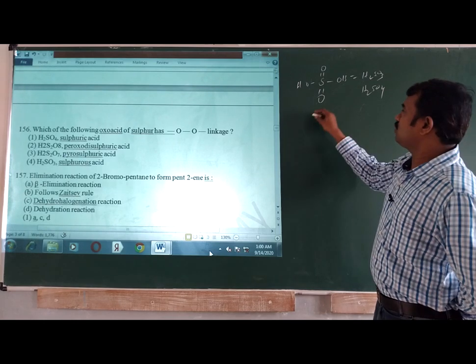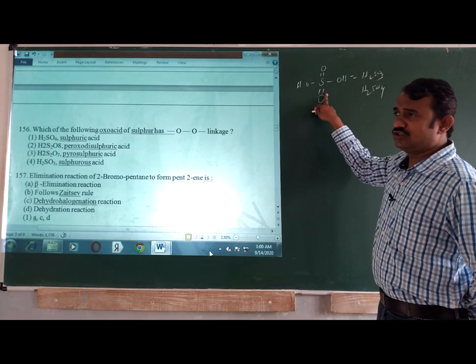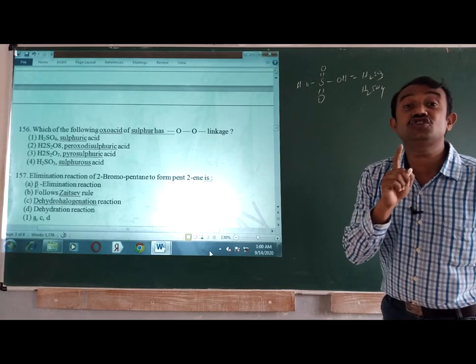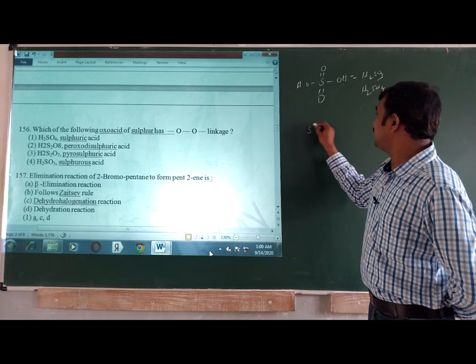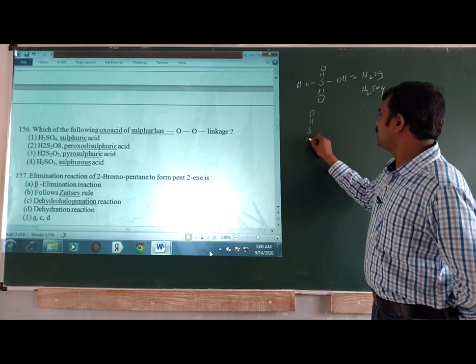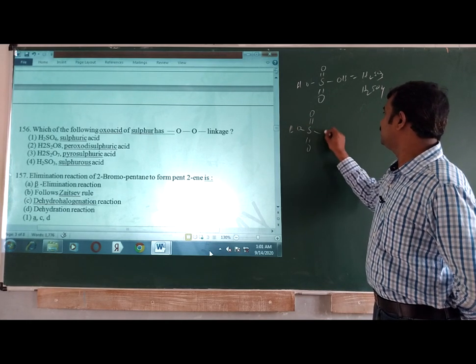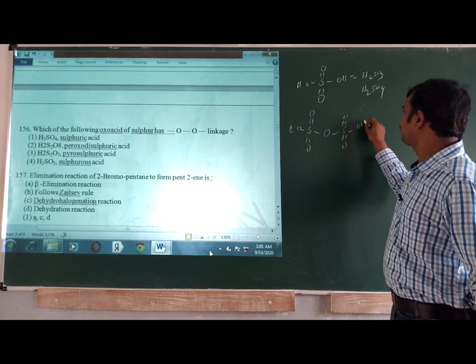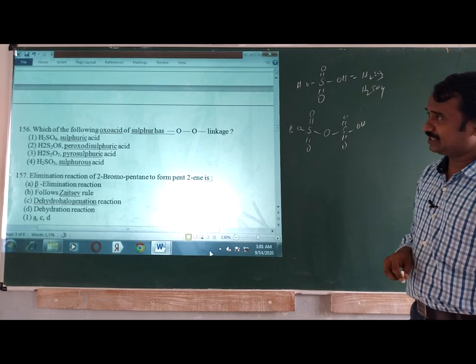If two molecules of H2SO4 with elimination of water, that is called as pyrosulfuric acid, means here the sulfur, oxygen, oxygen, here OH, here O and SO. This is a pyrosulfuric acid.